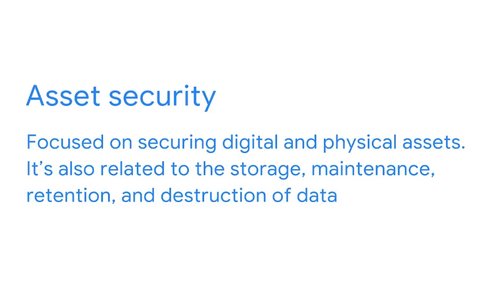The asset security domain is focused on securing digital and physical assets. It's also related to the storage, maintenance, retention, and destruction of data. This means that assets such as PII or SPII should be securely handled and protected, whether stored on a computer, transferred over a network like the internet, or even physically collected.